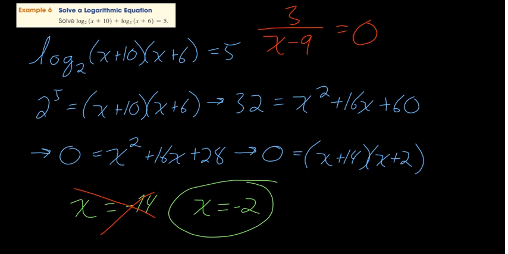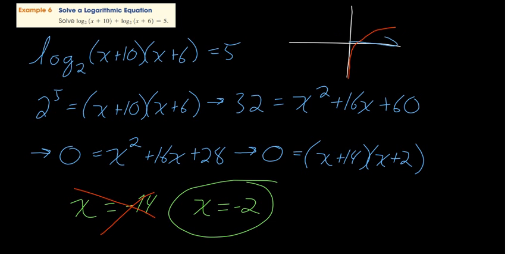Whatever you plug into your logarithm, whatever the argument of your logarithm is, I think I erased it, so I just have to draw it again. If you recall, your logarithmic function, when you graph it, looks something like this. The domain, the only x values I'm allowed to use, are all the x values that are greater than 0.